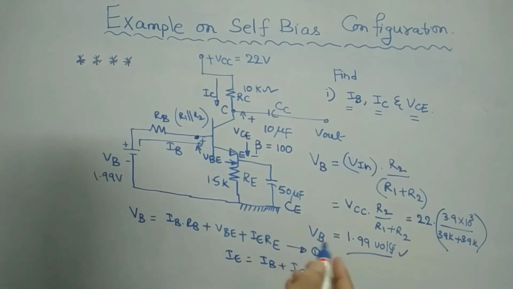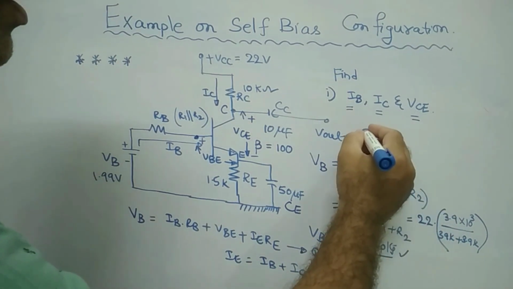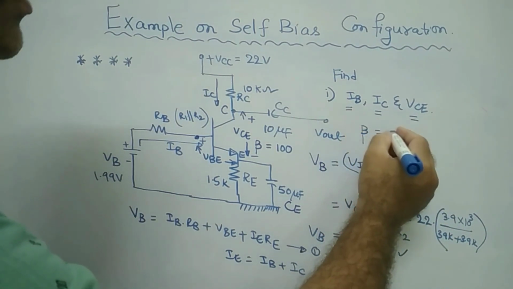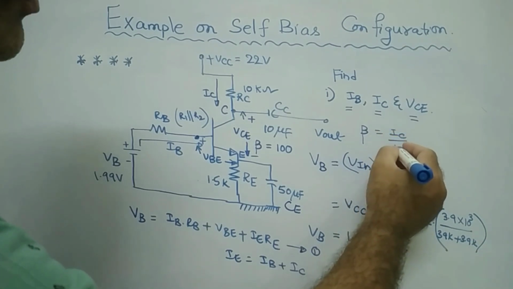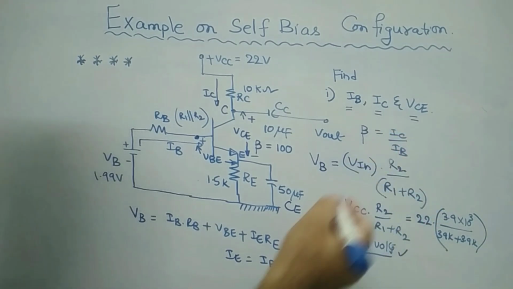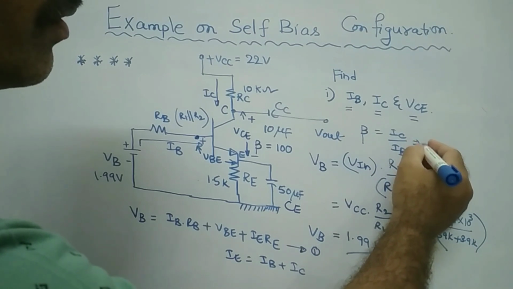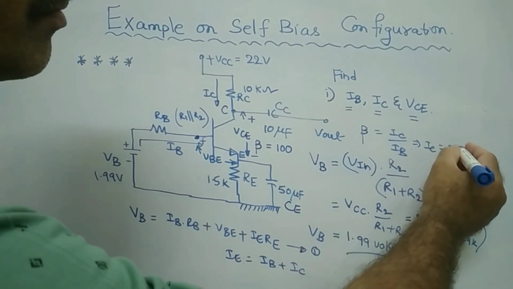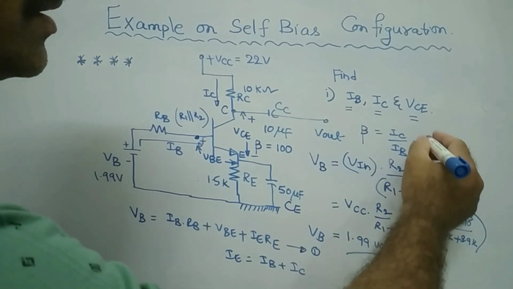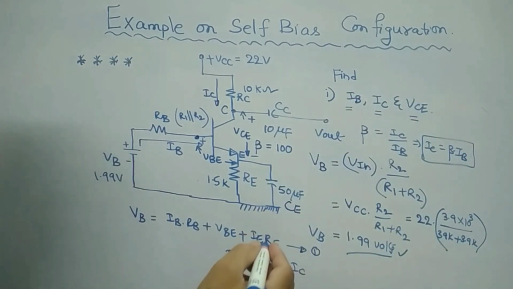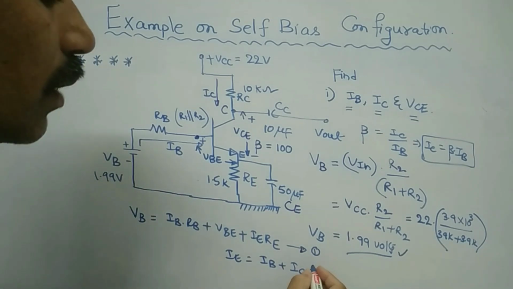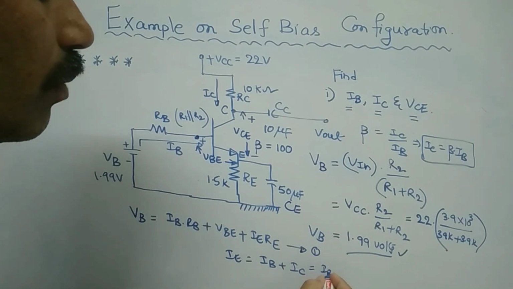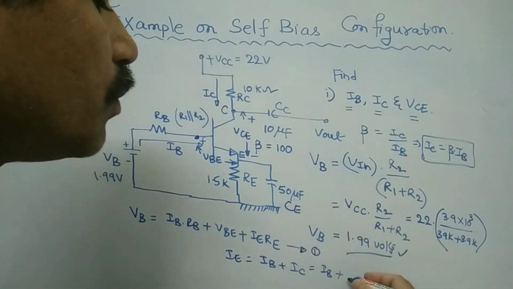And further you can use the relation for beta: beta is equal to output current by input current. From there, IC is equal to beta times IB. Therefore, substitute that IC value here. IC is equal to beta times IB, and this gives IE equal to IB plus beta times IB.